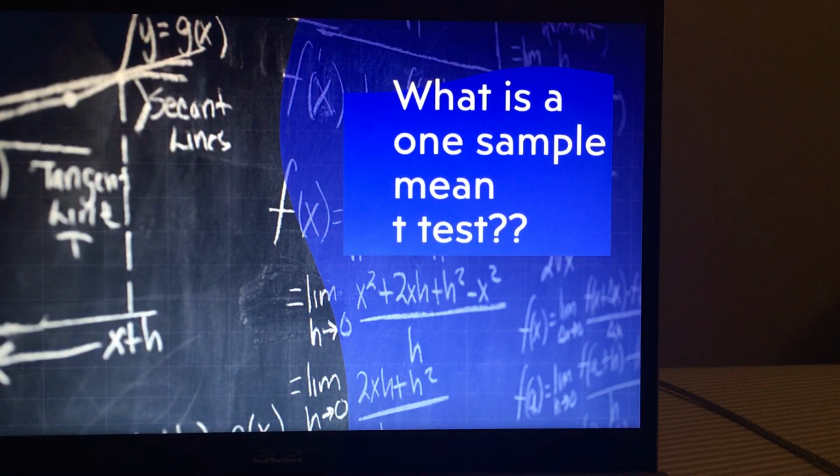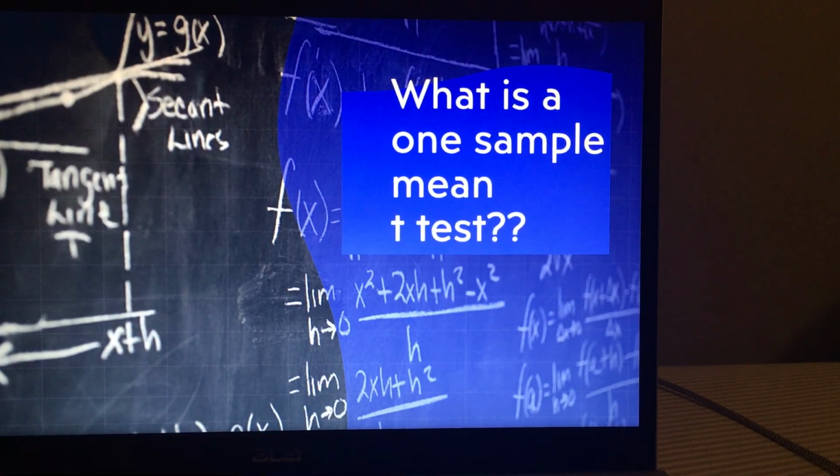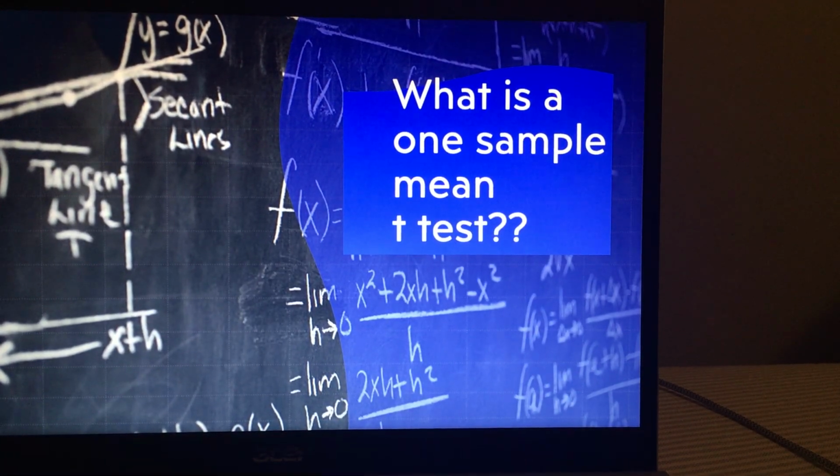So if our sampling distribution is normal and we know the standard deviation, we can do the one sample mean z-test, right? But if we don't know the standard deviation, we will do the one sample mean t-test. Then if we back up and we say, okay, we have one sample and we ask, is the sampling distribution normal?